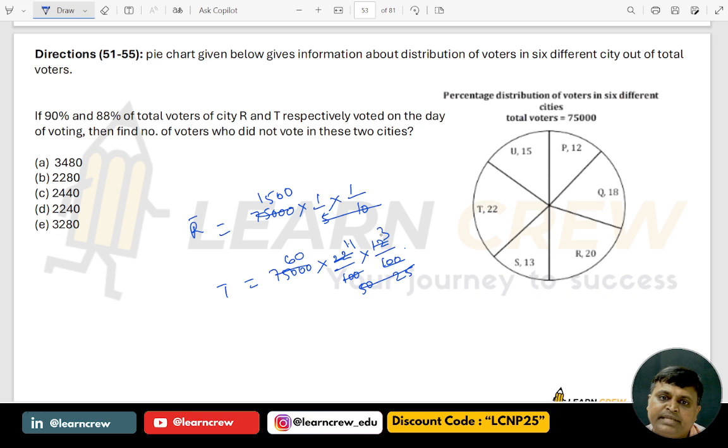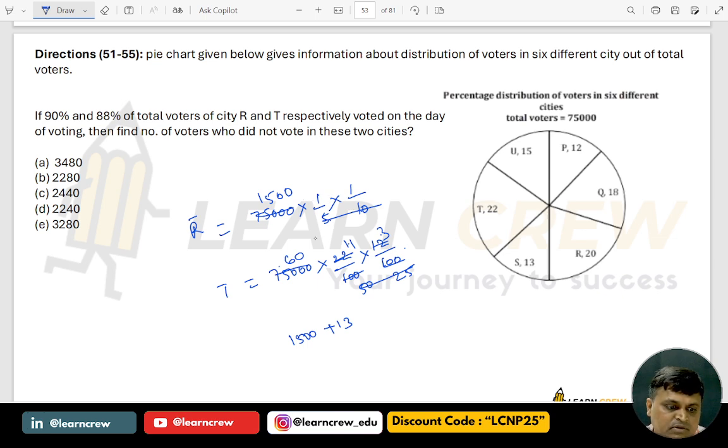So 11 into 3 is 33, 6 are 138. 1380 plus 1500. Am I correct? 5 tens are 50. It is 1500.